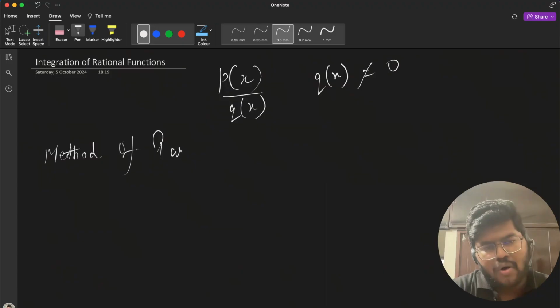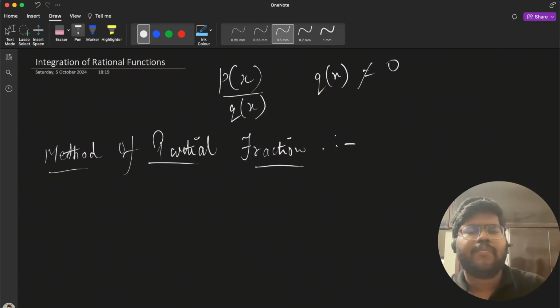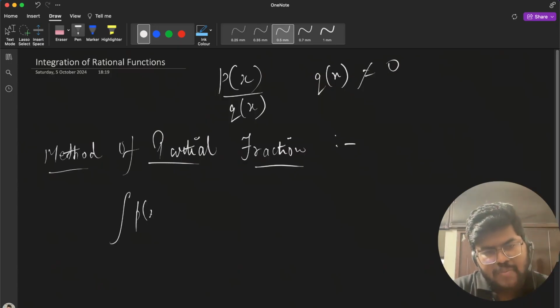Method of partial fractions. The method of partial fractions involves the concept of making the fraction partial. So what exactly do we mean by making the function partial? Let us see now. Suppose we have integrals of the type p(x) divided by q(x).